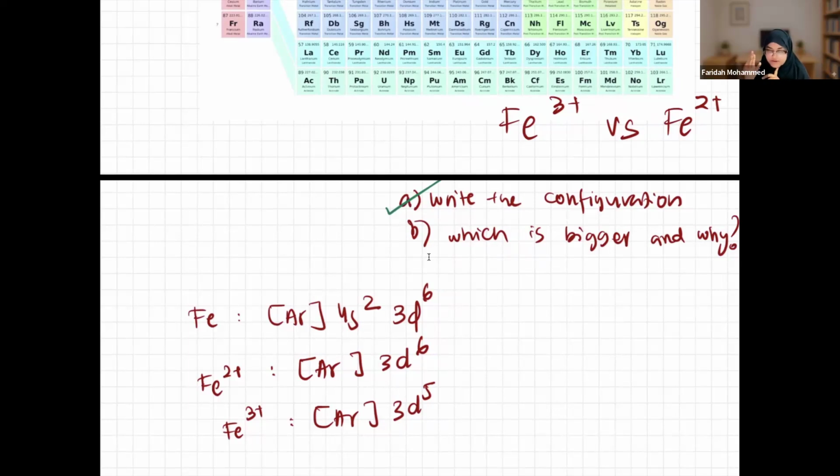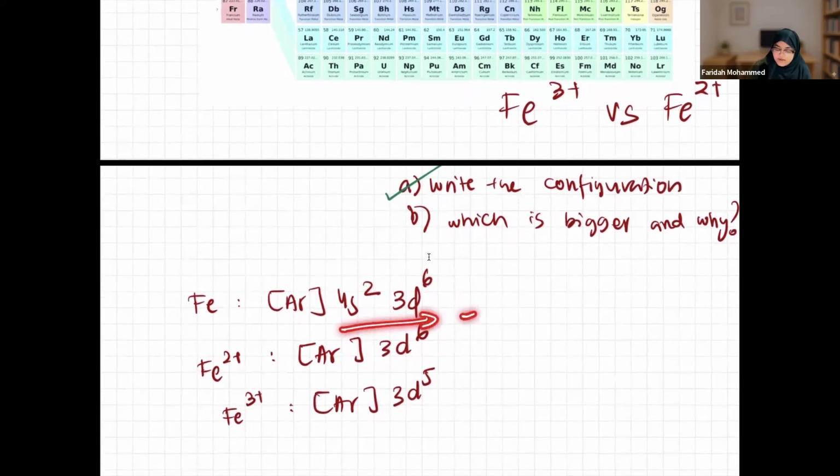Remember, there are three rules of how to put in your electrons in electronic configuration. Aufbau. What was the Aufbau rule? Because this sequence is based on their energy. 3d has more energy compared to 4s.